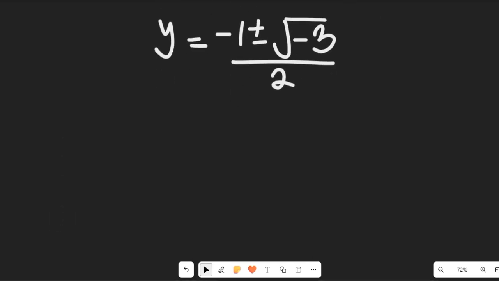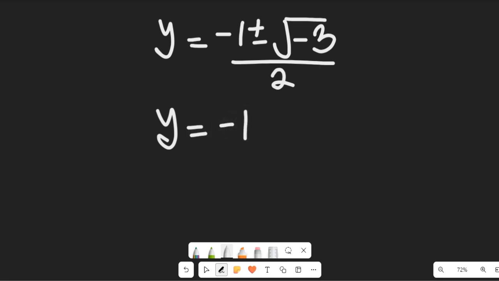So simplifying that further, our y will now be equal to negative 1 plus or minus square root of 3 imaginary divided by 2. So the value of y in this aspect, we are going to consider it to be y2.